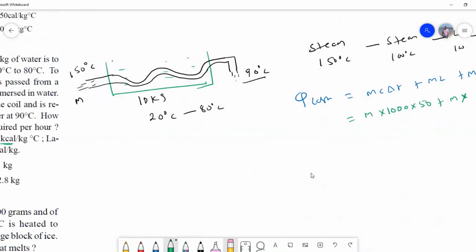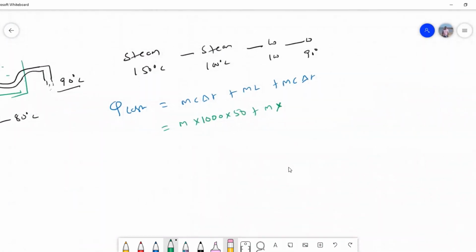So again M into 540 into 1000 calories per kg, this is M into L, again mass M.